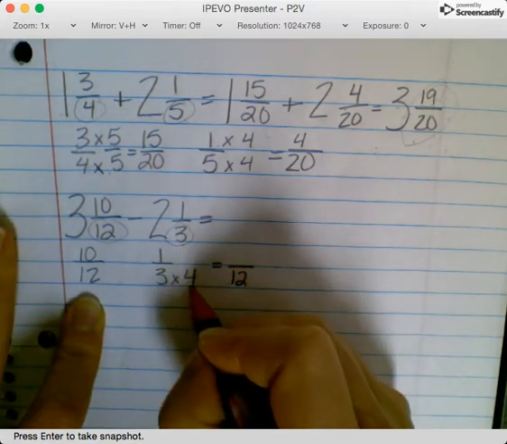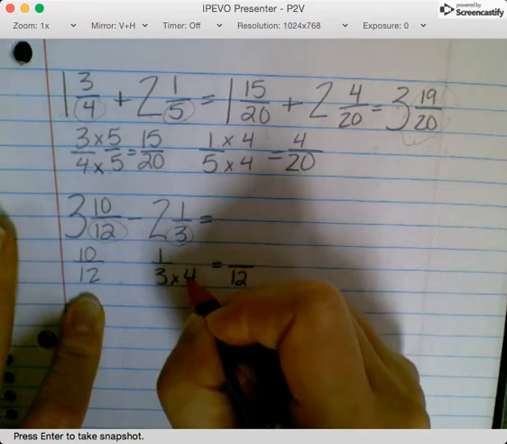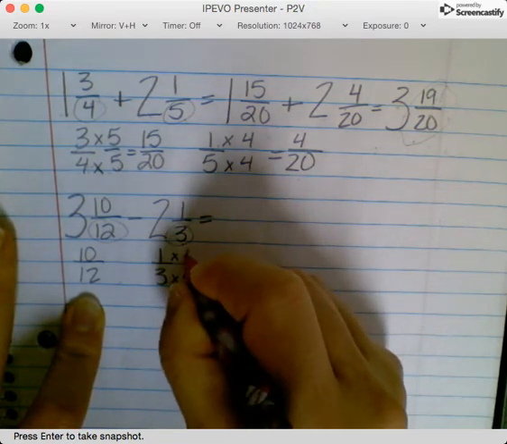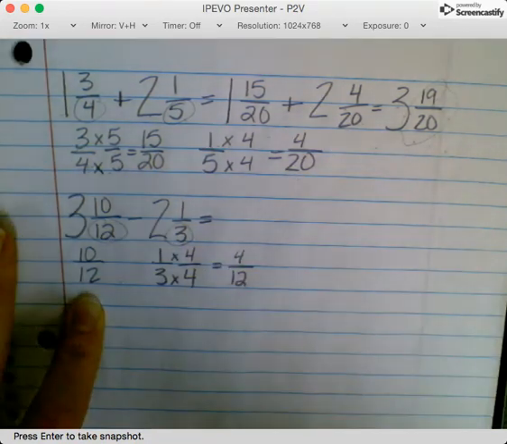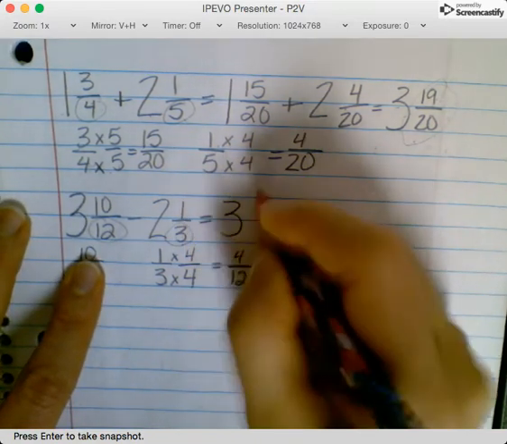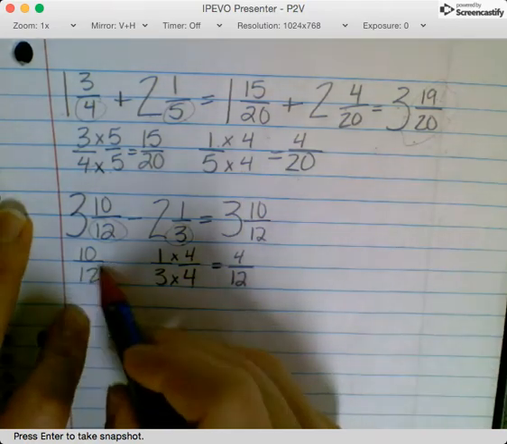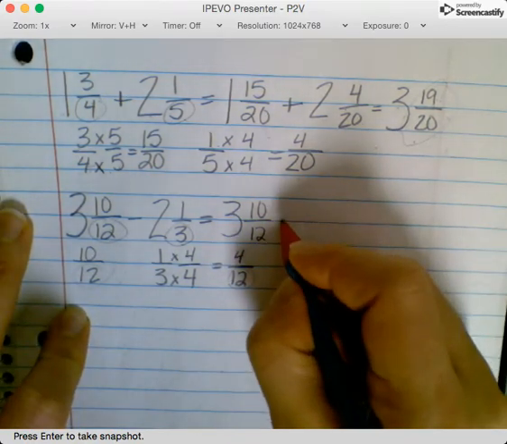And remember, as before, if I multiply my bottom number, my denominator, times 4, I also have to multiply my top number, or my numerator, times 4. So 1 times 4 is 4. Now all I have to do is substitute the numbers. So my 3 and 10/12 is going to stay the same because the 12 was what they had in common. So that one didn't need to change.